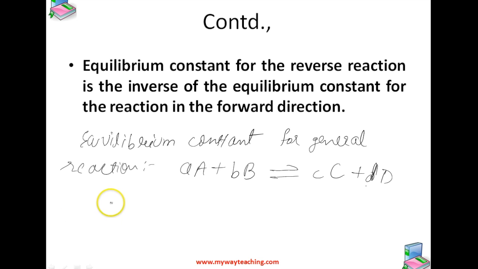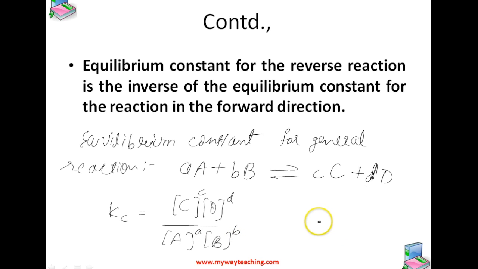Now you can write the equilibrium constant. So [A], [B], [C] and [D] are the equilibrium concentrations of the reactants and the products. So next is the equilibrium constant for the reverse reaction, which is the inverse of the equilibrium constant of the reaction in the forward direction.